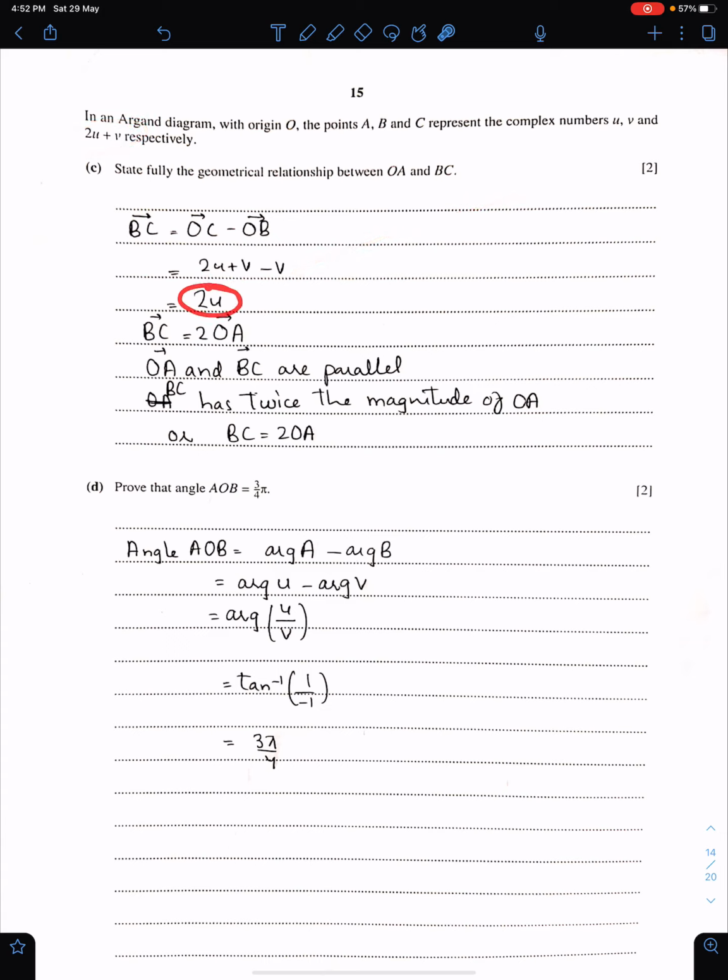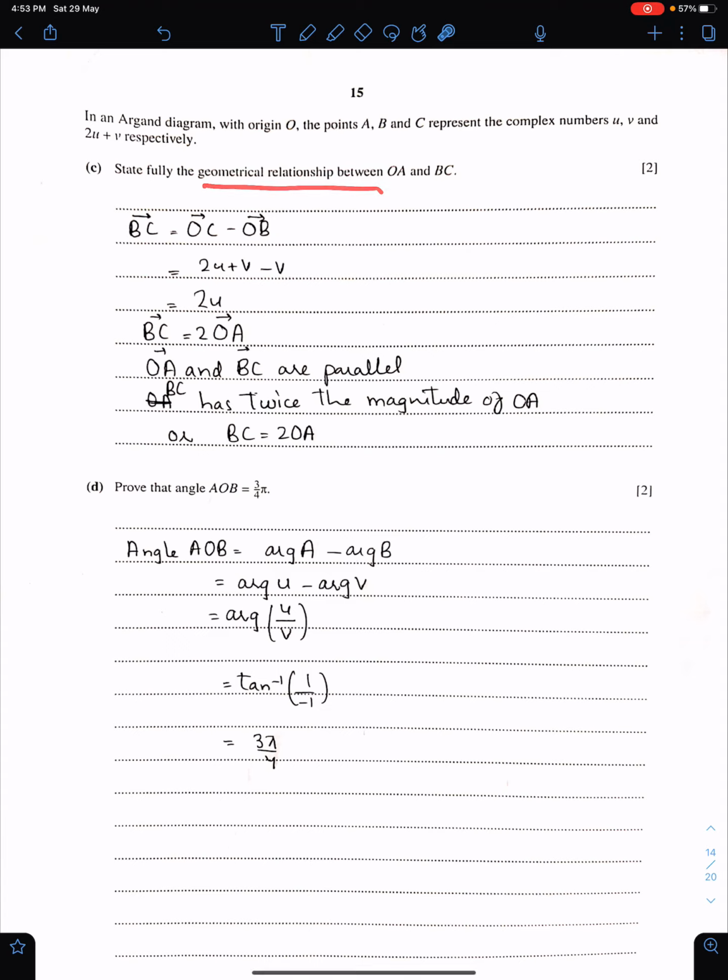The answer is 2u. And OA is u, so we can replace this u by OA. See, BC is twice of OA. This means BC and OA are parallel, and BC is twice of OA. These are two facts.